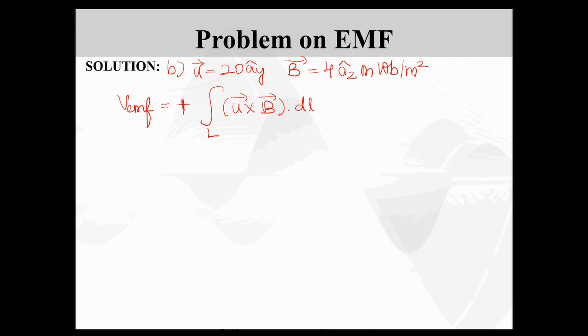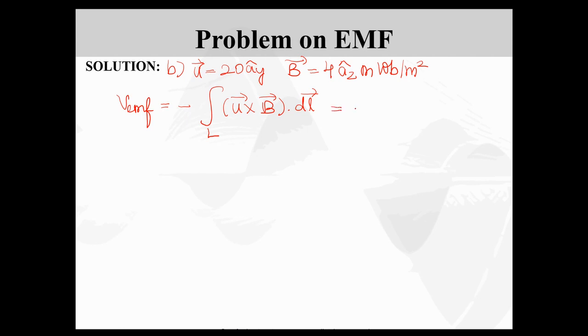So therefore, this is plus integration over a path u cross B dot dl. So let us see how to use this information, or you can still keep this negative sign. Let us see how to deal with this.